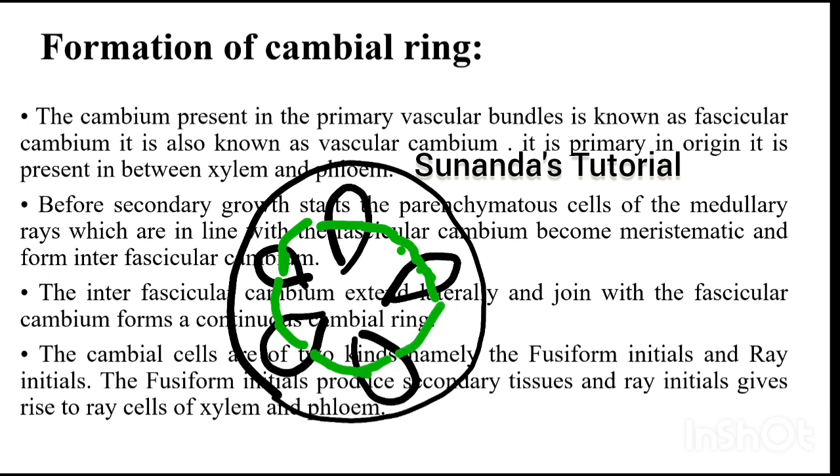They extend laterally to form a ring-like structure. The cambium present between xylem and phloem is called fascicular cambium. And the cambium which extends from each other, present between two vascular bundles, is called interfascicular cambium.